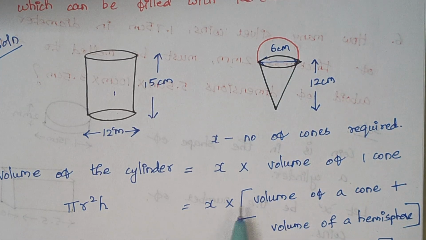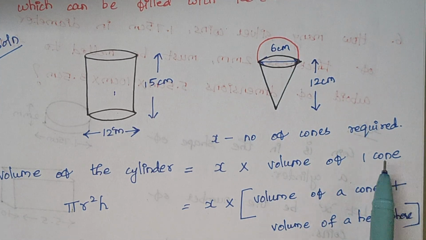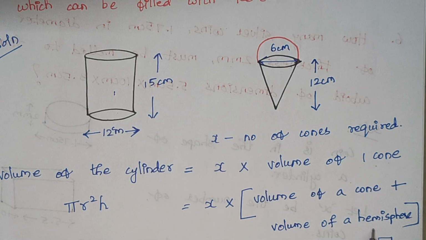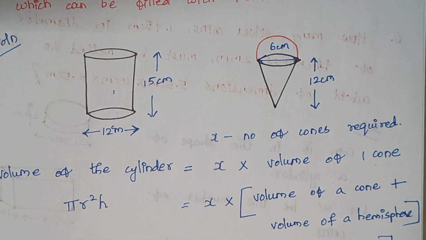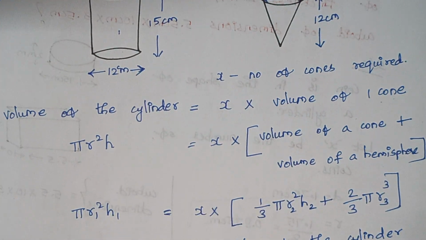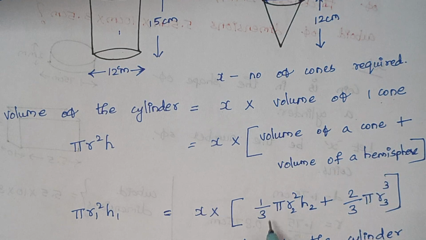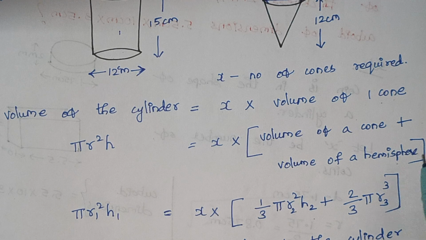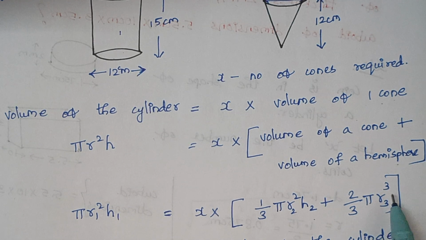Now you see x into, so volume of one cone is nothing but volume of a cone plus volume of a hemisphere. Now just write down the formulas. So volume of a cone is 1 by 3 pi r square h and volume of the hemisphere is 2 by 3 pi r cube. Just write down the formula.